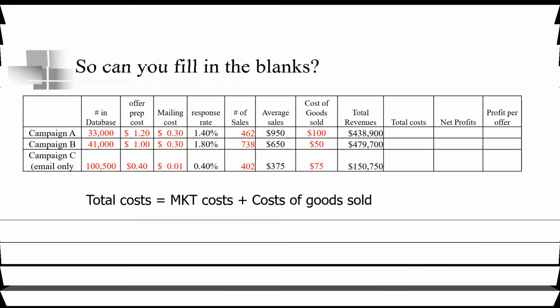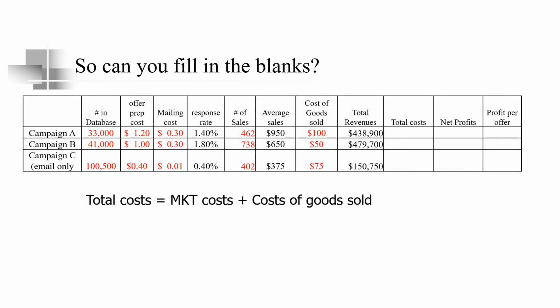Next, we'd like to know what are the total costs? Well, the total costs include marketing costs and the cost of goods sold. So the marketing costs are the prep cost per offer and the mailing cost per offer, and of course in this case we don't have any list costs because these people are already in the database.